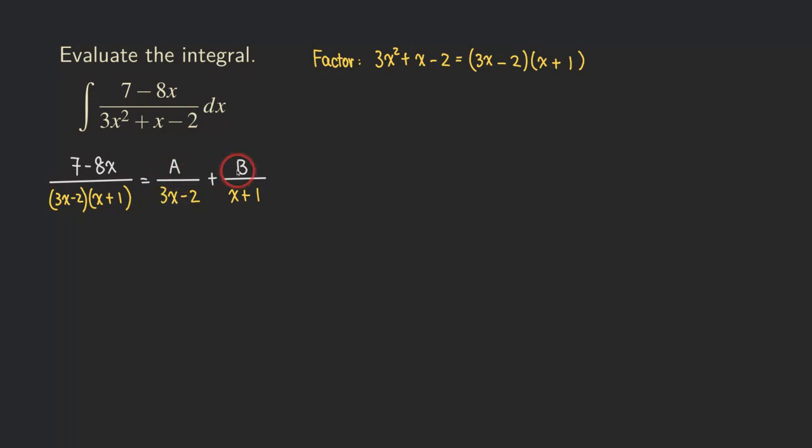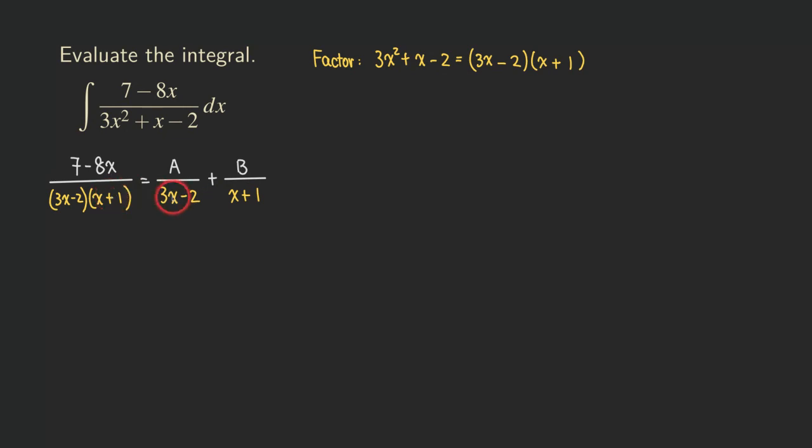How do we figure out A and B? We need to combine those two fractions together and then match whatever you have on this side of the equation with whatever you have on the left side. Then we can figure out A and B by solving the equation. In order to add the two fractions, we'll need common denominators.